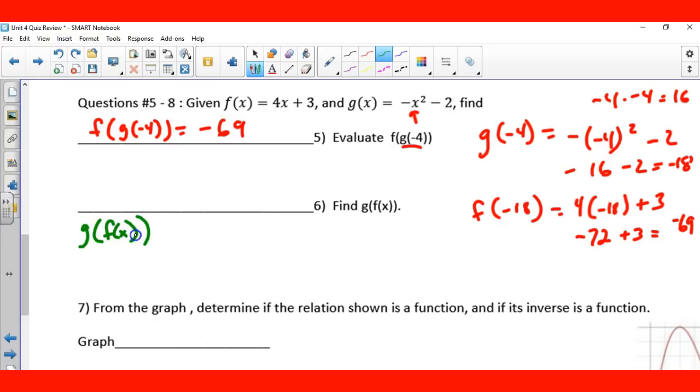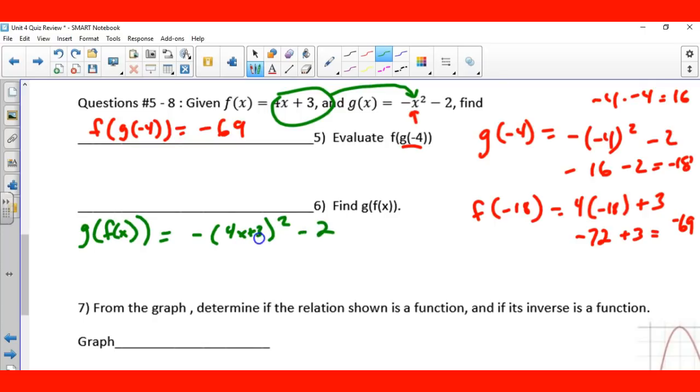But we are going to place the function f into the function g. So what we have here is negative 4x plus 3, because again, we're putting f inside of g.